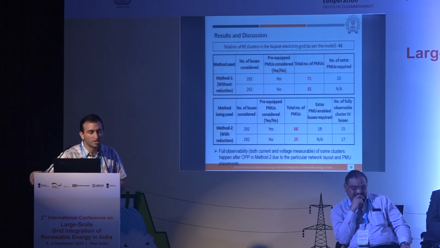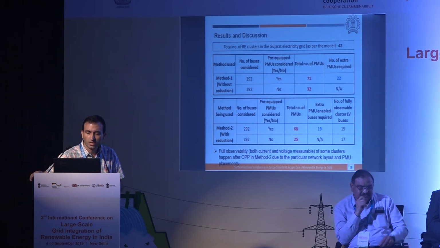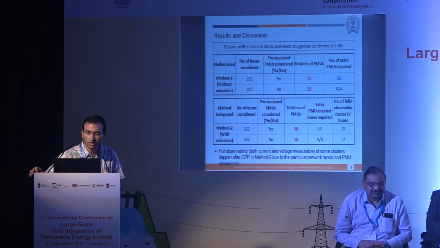These are some of the results of the PMU requirement for performance monitoring of the renewable energy plants. In method one, where we used the clustering approach, we have a requirement of an additional 22 PMUs, if you see here in this case.